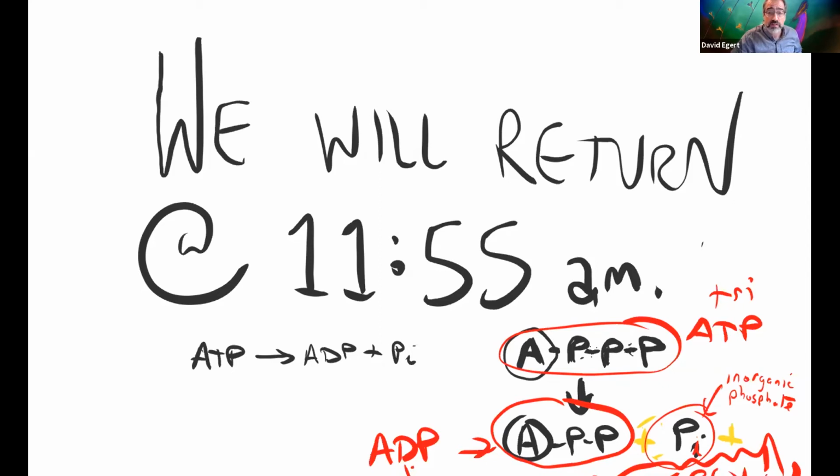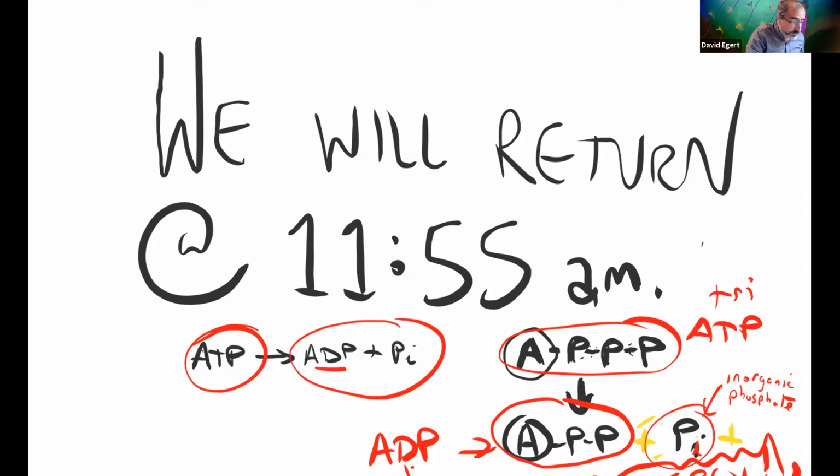ATP is broken apart into ADP plus phosphate, releasing energy. You can think of ATP as holding the potential energy, and this is when you release that energy to do something interesting with it.